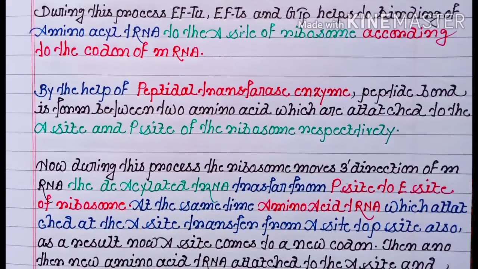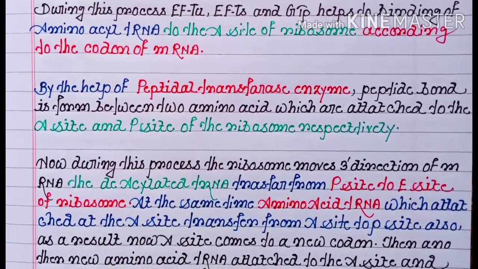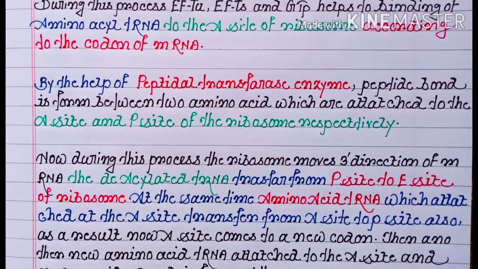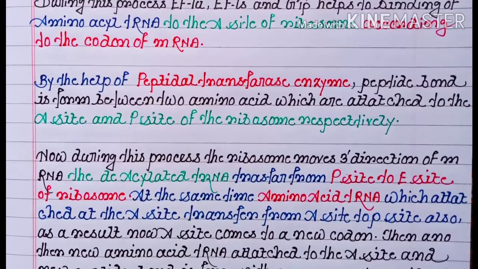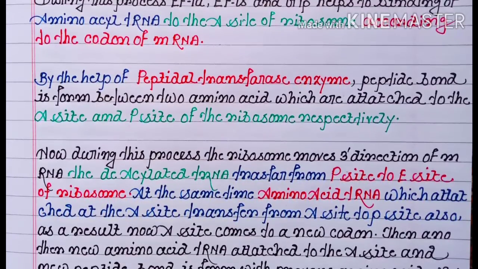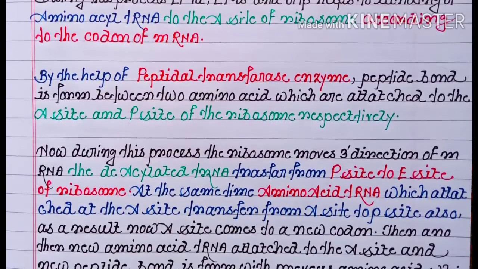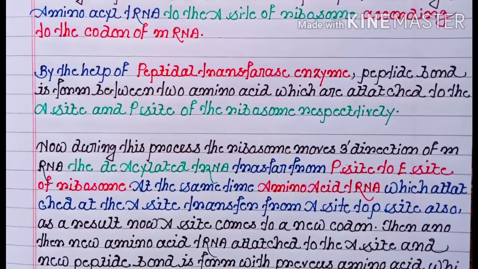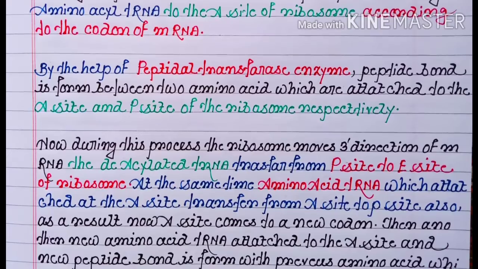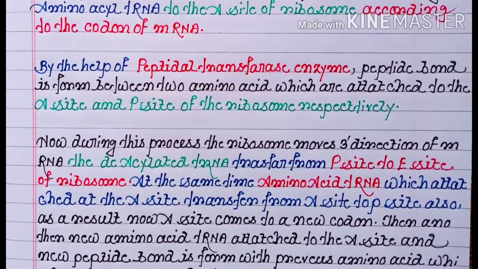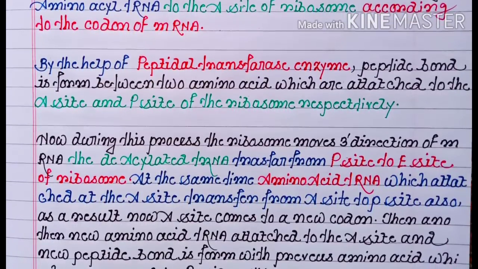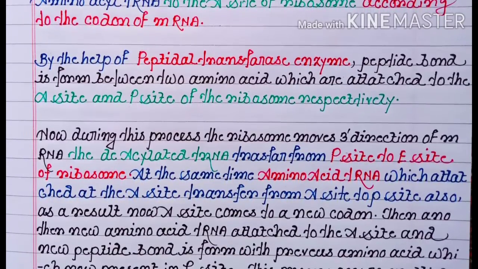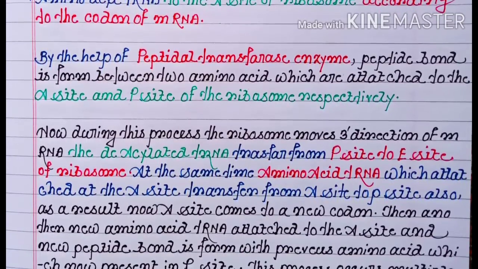Now, during this process, the ribosome moves in the 3' direction of mRNA and the deacylated tRNA transfers from the P site to the E site of the ribosome. At the same time, the aminoacyl tRNA attached at the A site transfers from the A site to the P site.